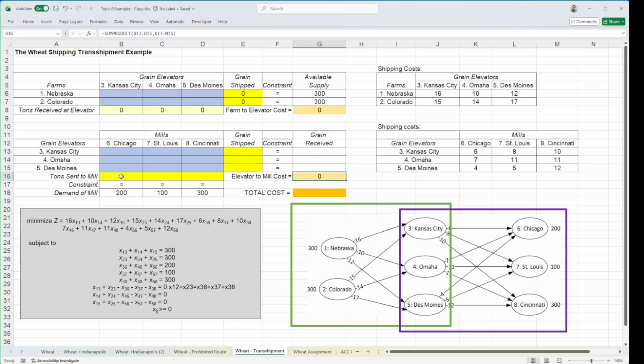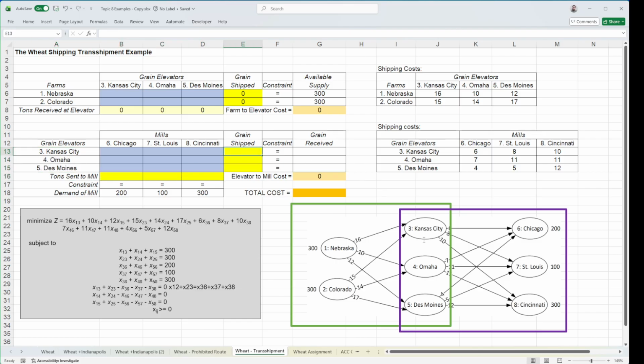And the yellow cells will again be used to calculate the amount of grain. The 3 yellow cells in column E would be the amount of grain shipped from each grain elevator.